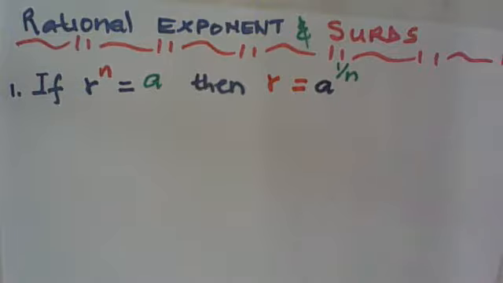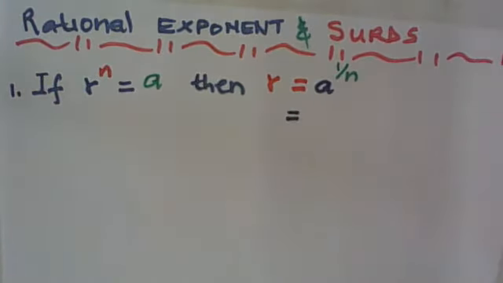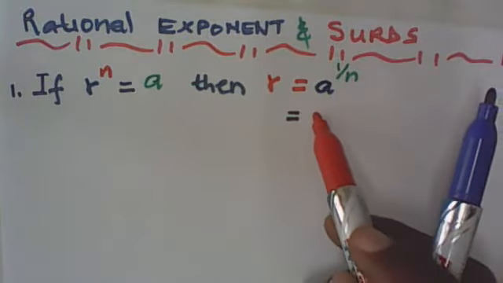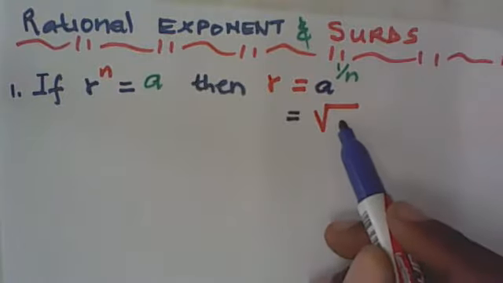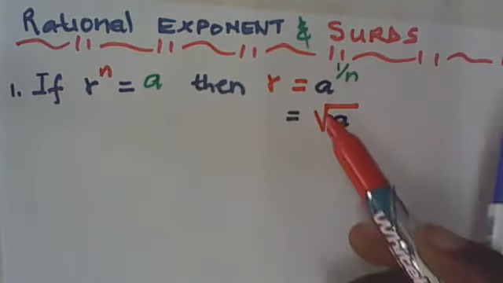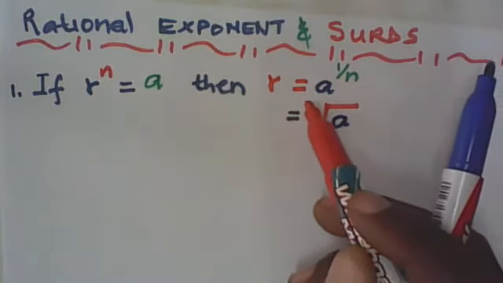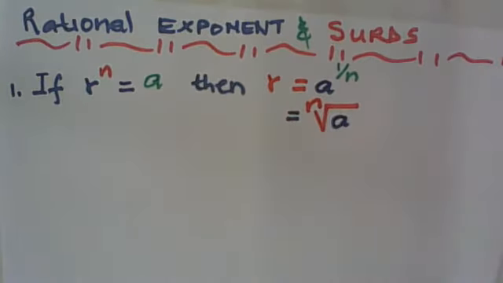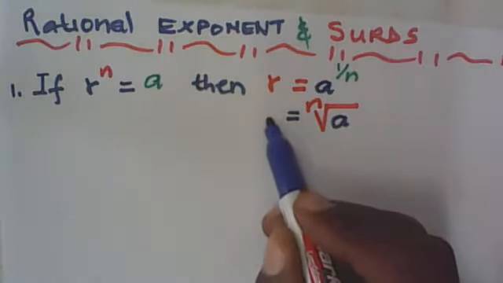And what is the value of this? This is the same as the nth root of a. Still have your a here, and then for the radical, that is this. Now the nth root of a is still the same as this.